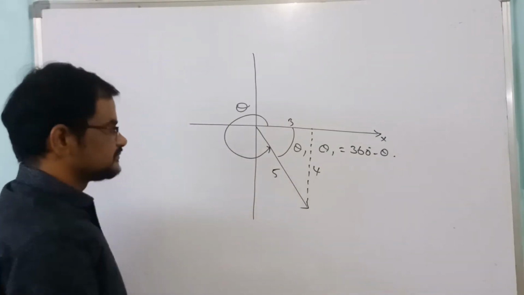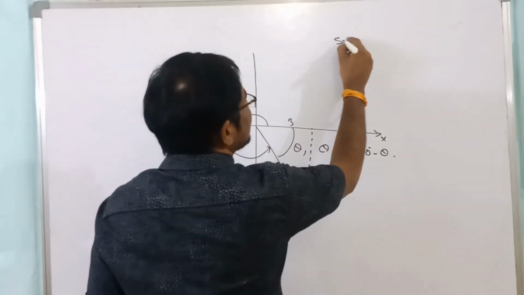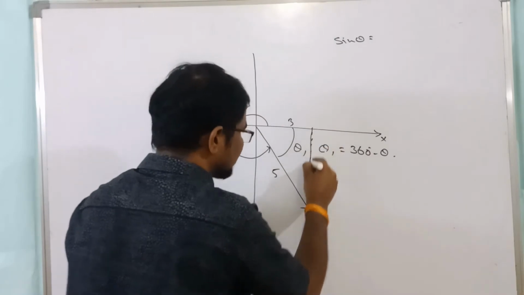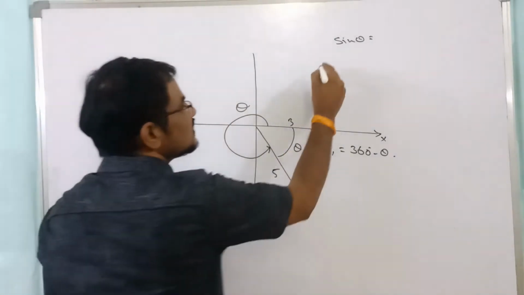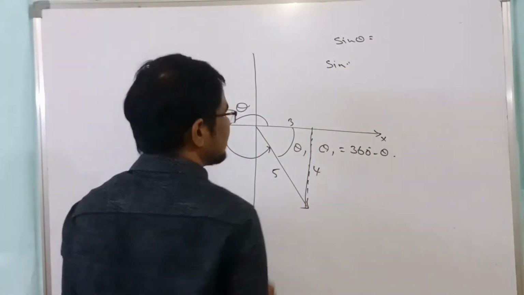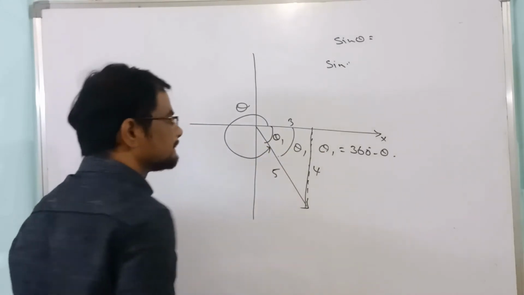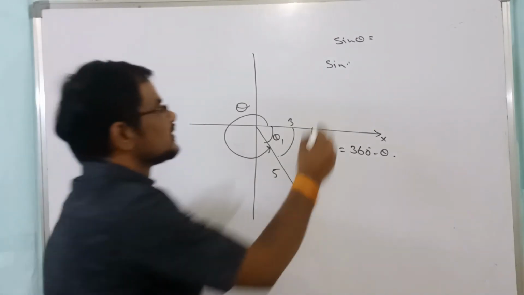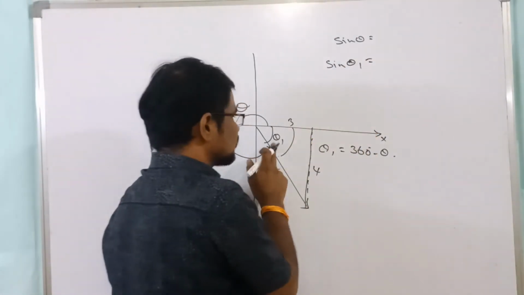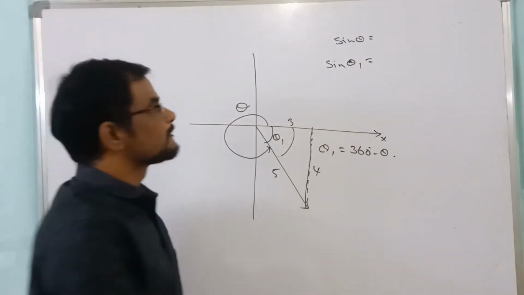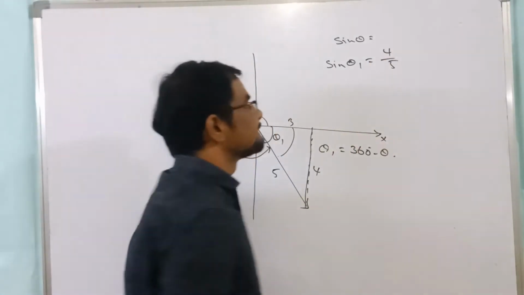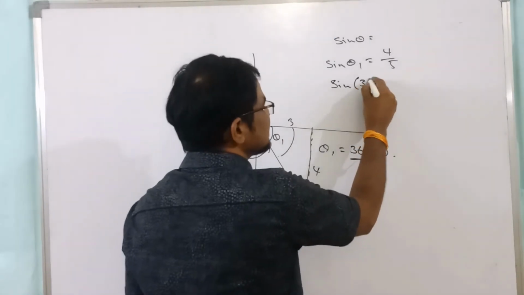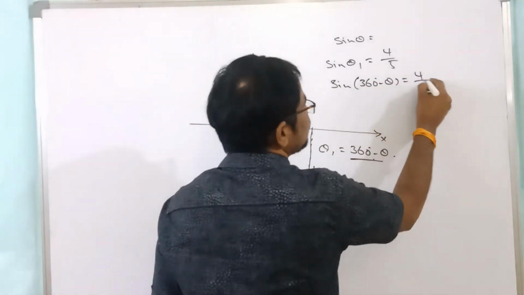Right? Now, how to find sin theta? Before that, we have to take the reference angle theta 1. For the reference angle theta 1, sin theta 1 equals opposite side 4 by 5. But sin theta 1, the reference angle, is 360 minus theta, equal to 4 by 5.